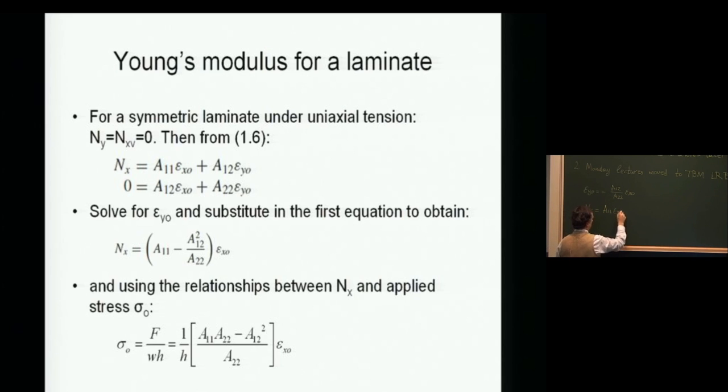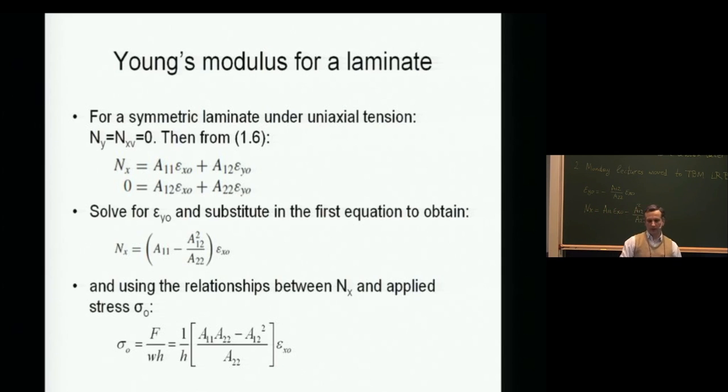So Nx is A11 epsilon x0 minus A12 over A22 times another A12 that we have over there, so that's A12 squared epsilon x0. If I factor out my epsilon x0, I arrive at the equation here in the middle that relates the Nx with the epsilon x0.